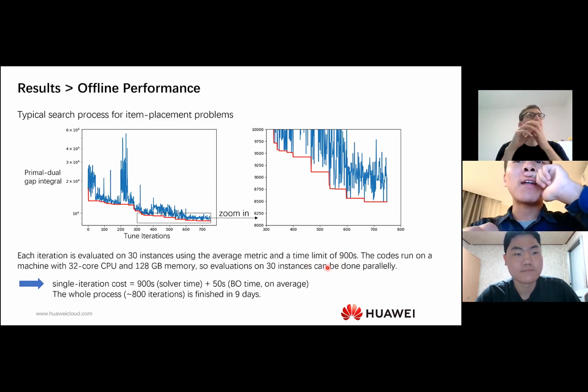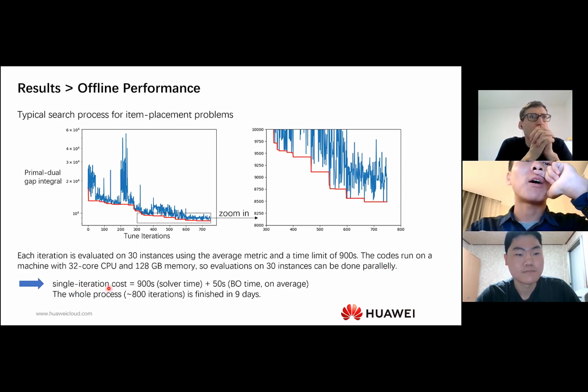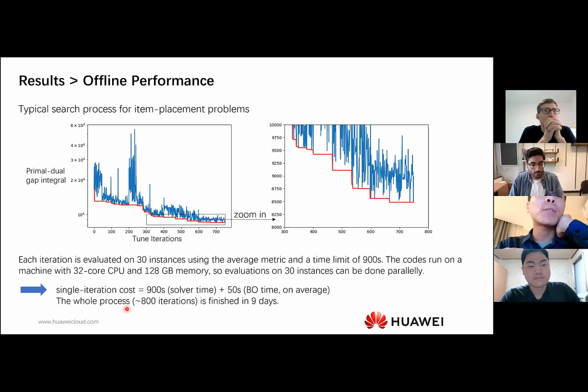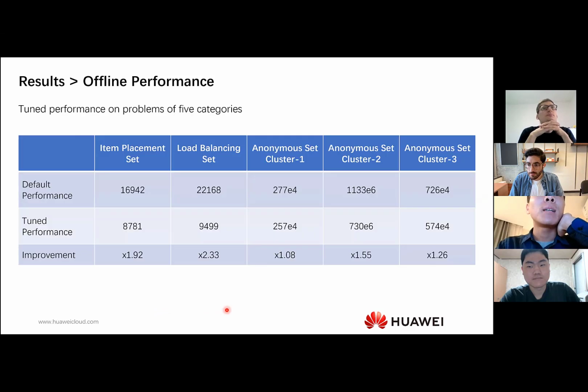The evaluations are done in a parallel manner, and the cost time of each iteration is 15 minutes of solver time and about 1 minute for BO time on average. The whole process, which contains about 800 iterations, is finished in about 9 days.